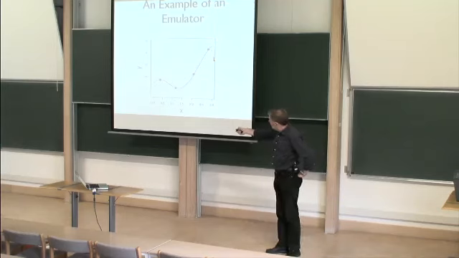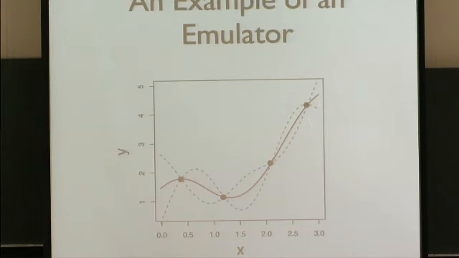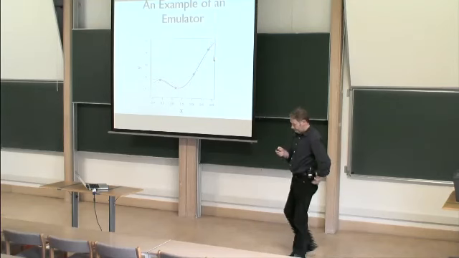So we get a mean emulator, we get uncertainty around here. There's no uncertainty at these points because we know the answer. And then if I put the data back on, you can see we do a fairly good job. So emulators are just a way of statistically interpolating between the data points.